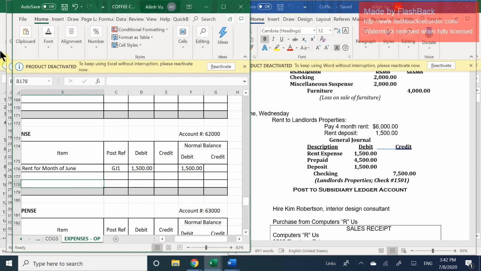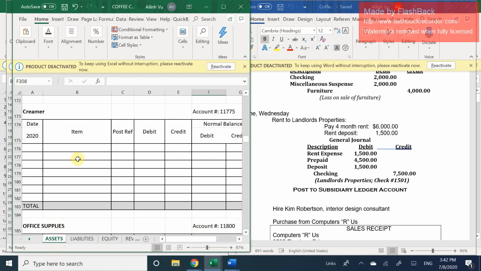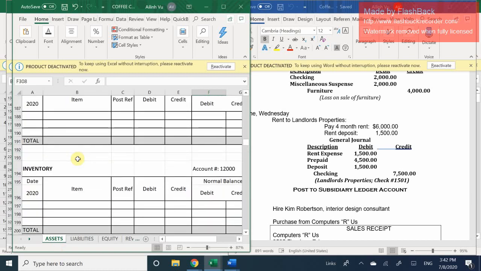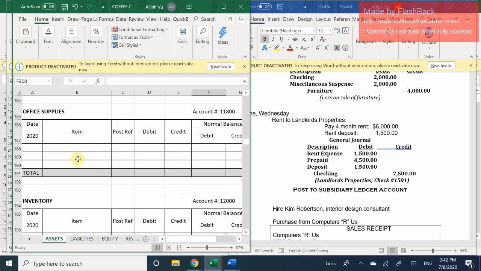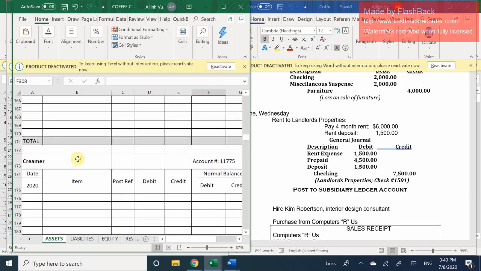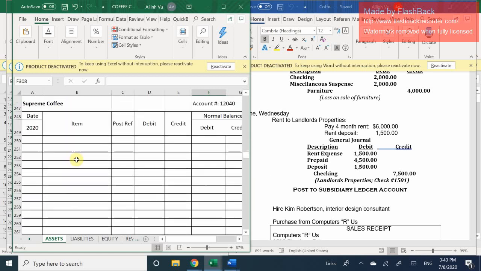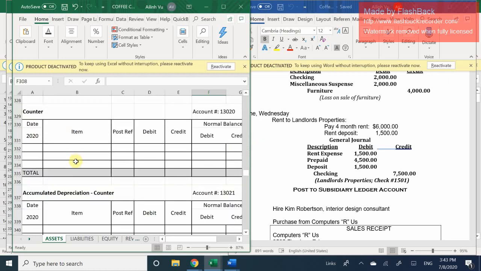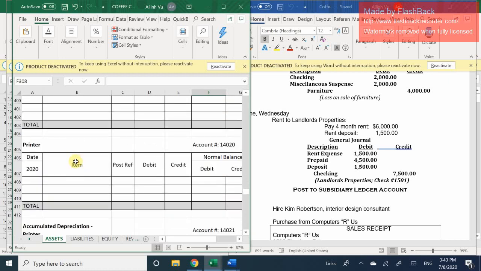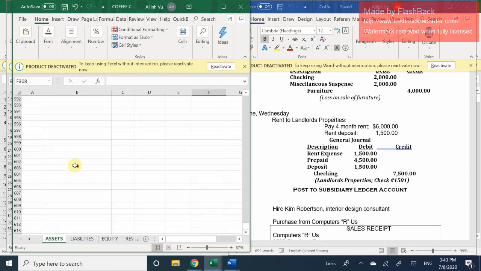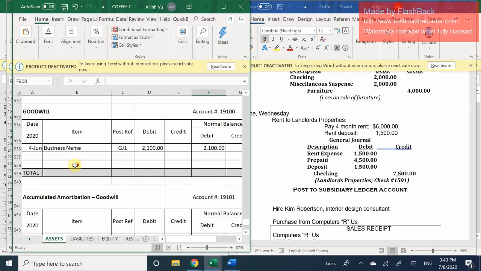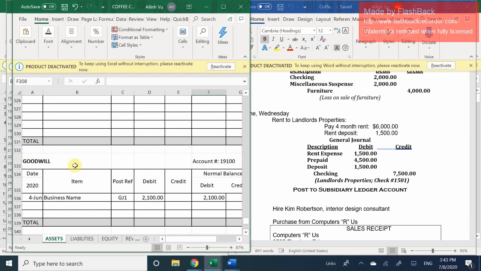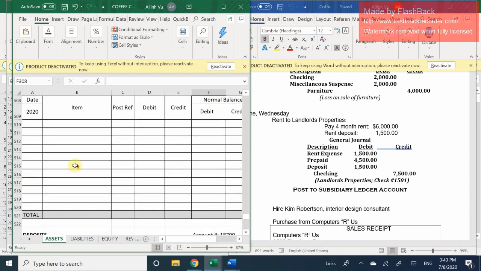Prepaid accounts. Okay, so I'm going to go to my prepaid accounts. I believe it's page 16, no, page 15 under deposits. It's June 5th.